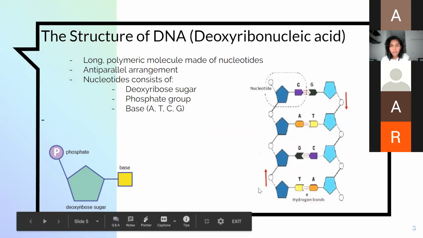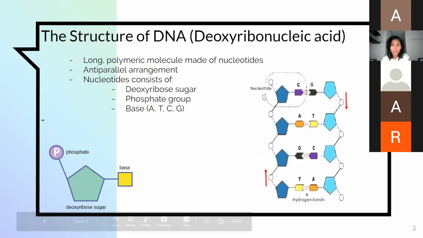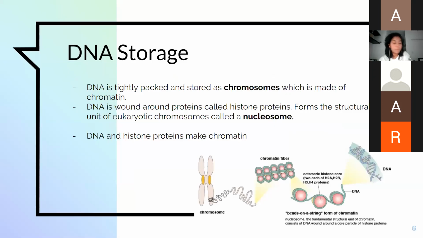An antiparallel arrangement means that one strand goes from 5' to 3', while the other strand goes from 3' to 5'. And that has a very important consequence when it comes to replication. Now, DNA storage. DNA storage is how our body is able to compact and store all this DNA in our nucleus.